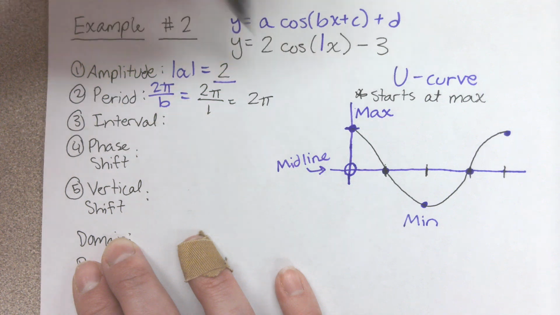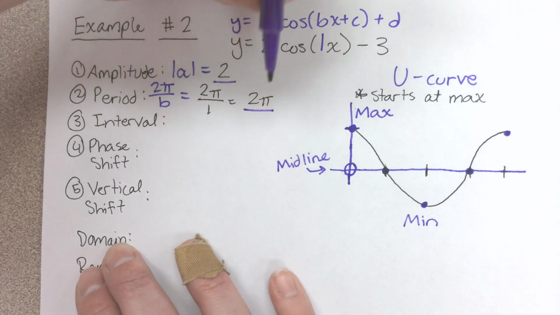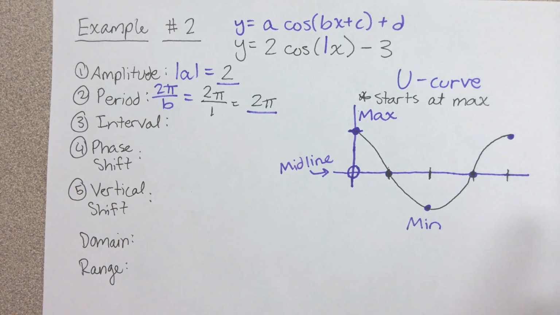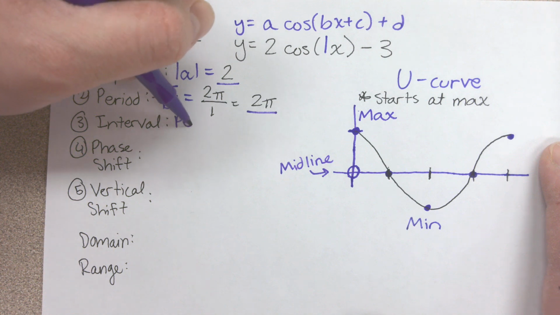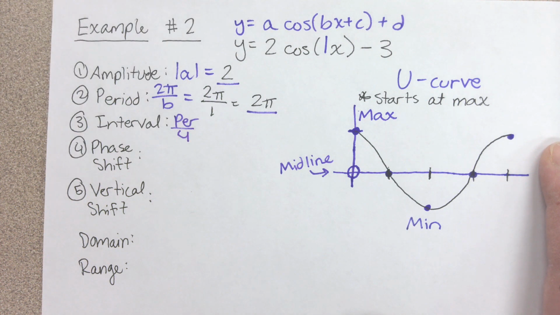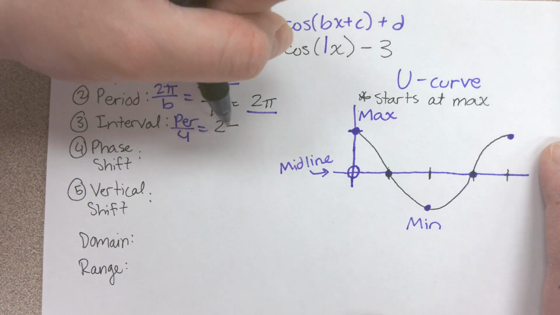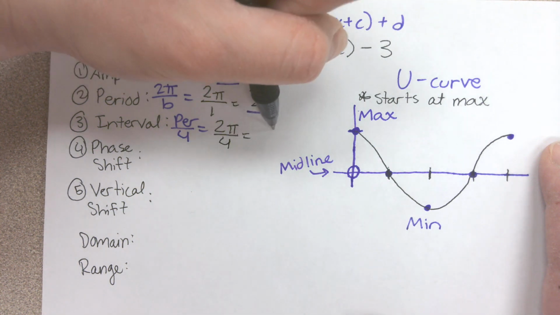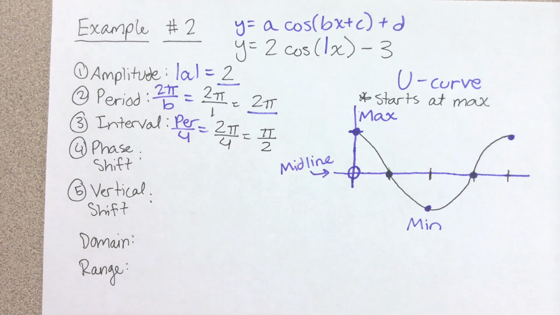So it's still going to be equal to 2 pi. Interval is the period over 4, which is 2 pi over 4, which again reduces to pi over 2.